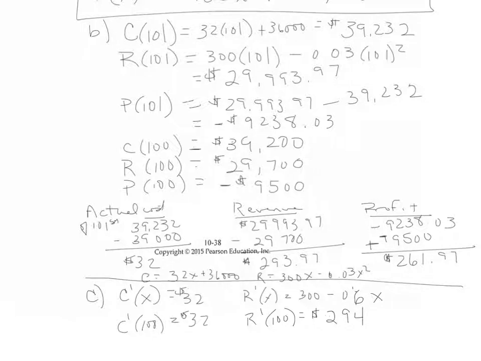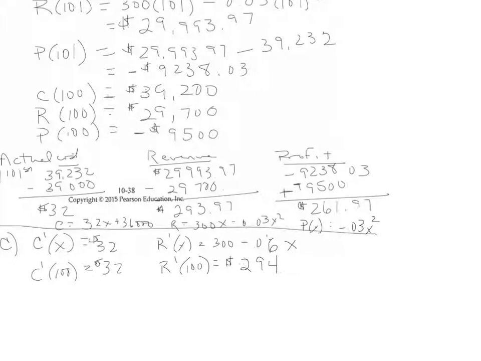And on the profit, our profit function that we found was a negative 0.03x squared, plus 268x minus 36,000.